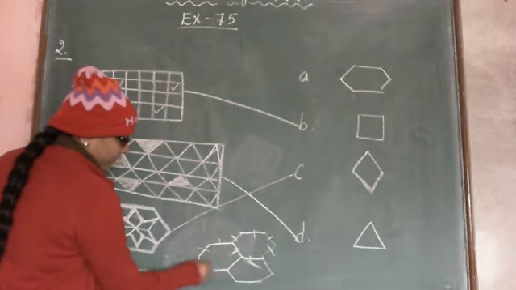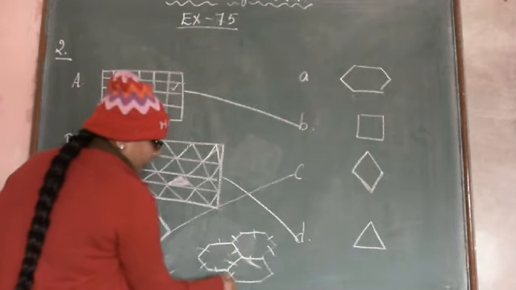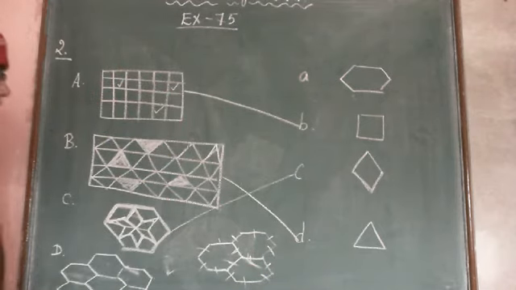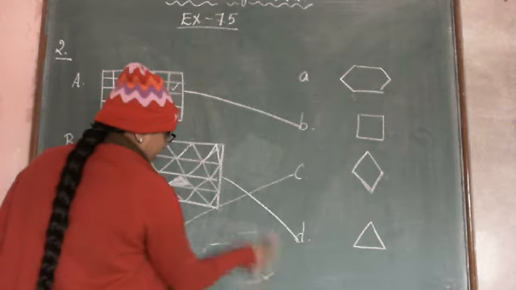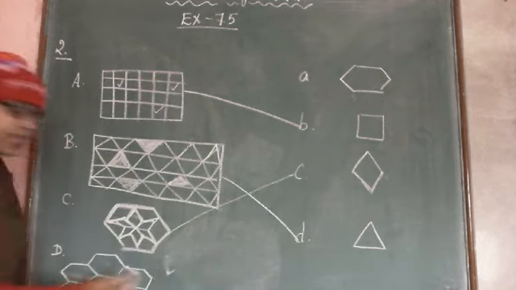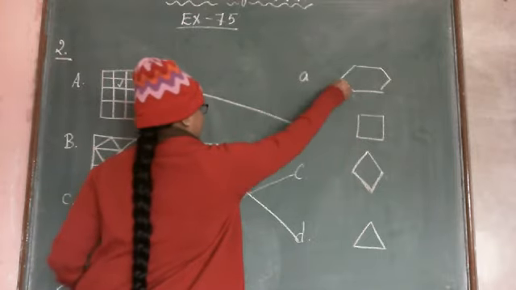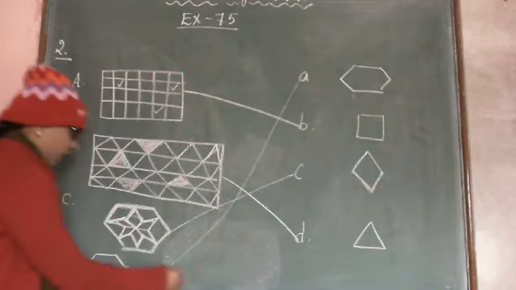Now 1, 2, 3, 4, 5 and 6. All of them are having 6 sides. So a shape which is having 6 sides, we call it as hexagon. So this is the hexagon and this is the pattern of hexagon we will match.